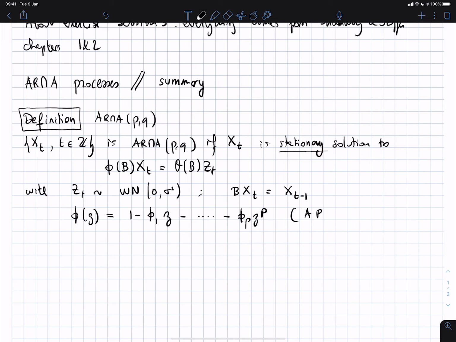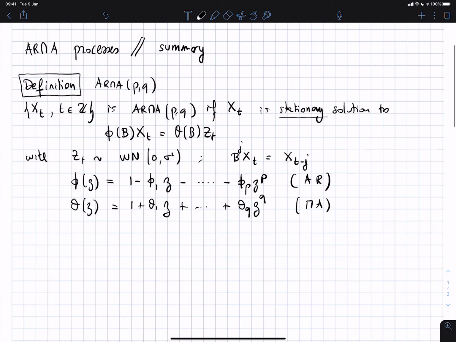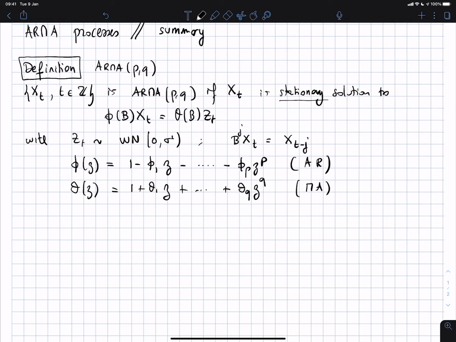And theta(z) is this polynomial here, and that's the moving average polynomial. So that's the basic definition.